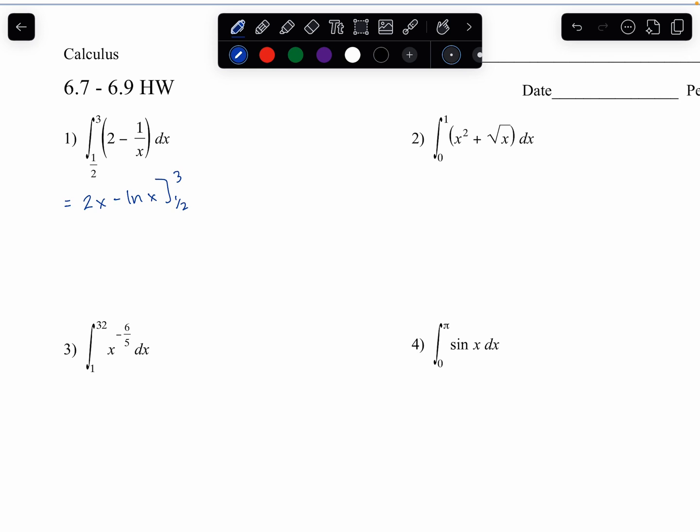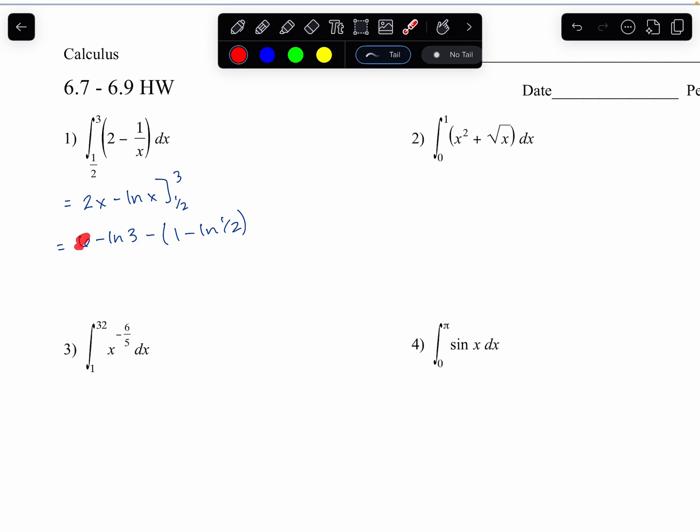So we'll do f of b, and then we'll subtract f of a. So first plug in 3. If I plug in 3, I'm going to get 6 minus the natural log of 3, and then minus, we'll plug in 1/2. If I plug in 1/2, that will be 1 minus the natural log of 1/2. Now, as far as simplifying goes, there's not a whole lot yet that you really need to or should have to do, but I will, because I can't not, combine constants.